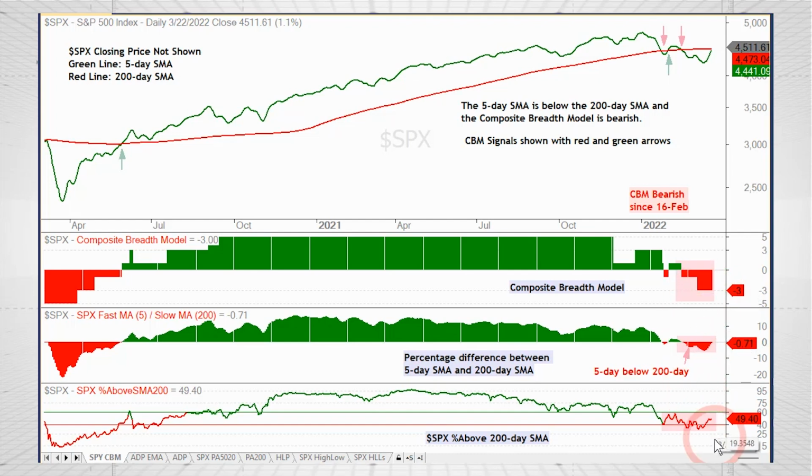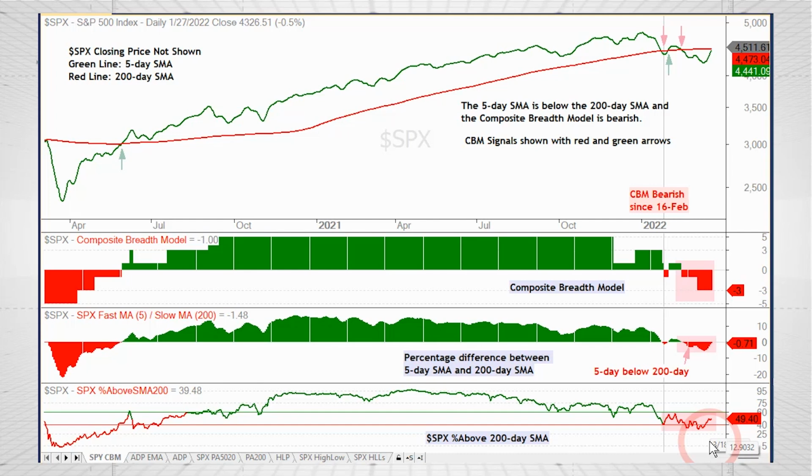And if we look at the percentage of S&P 500 stocks above the 200-day, it's at 49.4%. And it's been oscillating around this 40% level since it first moved below 40% there in late January, which is my bearish threshold. And it's got to get above 60% to turn bullish again, because I put my bullish and bearish thresholds just above that midline, 50%.